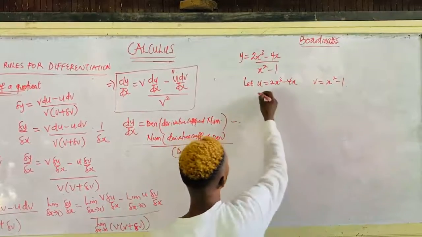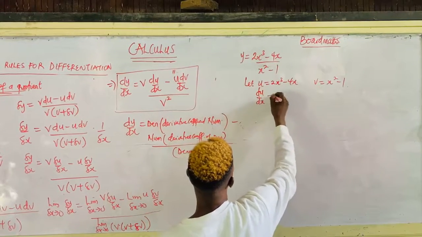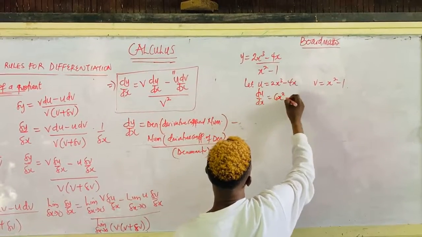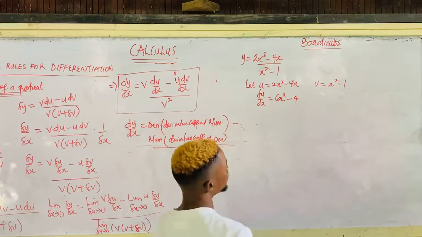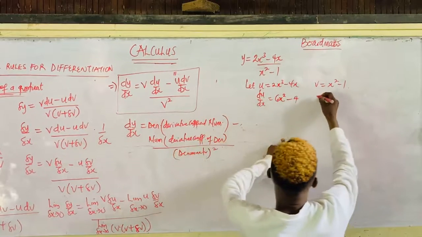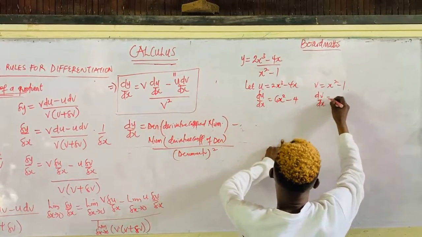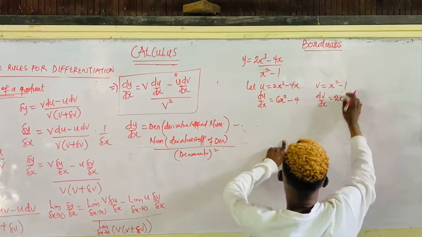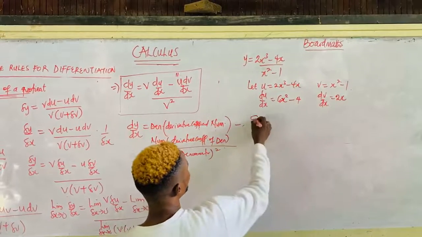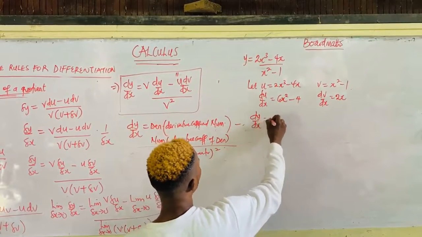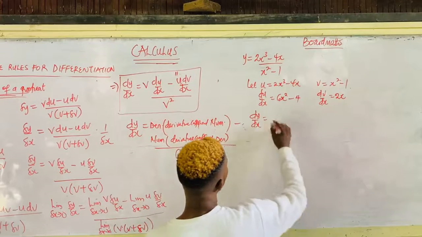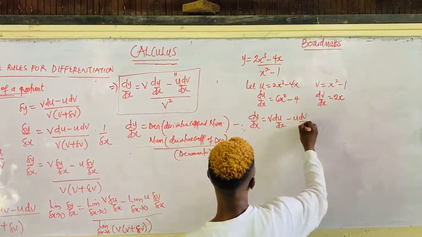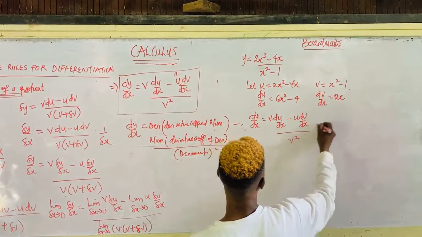That means I can find du/dx as 3 times 2, 6x raised to power 2, minus 4, because when you differentiate x, that's 1. So dv/dx also is 2 times x, 2x to the power 2 minus 1, 1, minus 0. So the quotient rule: v du/dx minus u dv/dx, all over v squared.